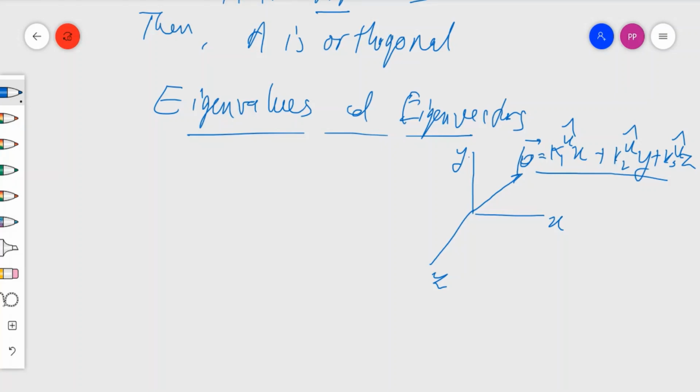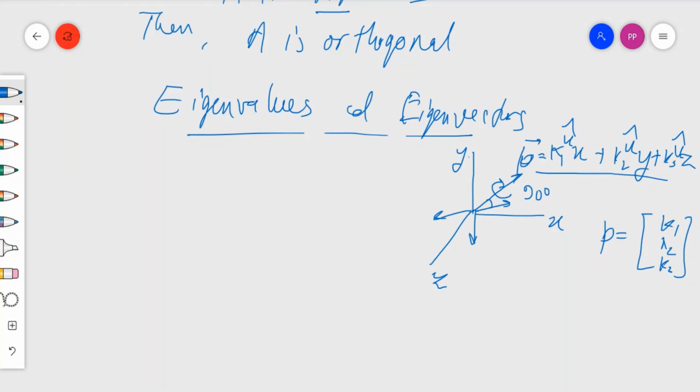Because p I can represent as k1, k2 and k3, and if I am doing a matrix operation on this vector p, and it happens that p is rotated by 90 degrees, in that case the value of p will not change, but any other vector which is at an angle with p, whatever the vector, will change in its magnitude and direction.